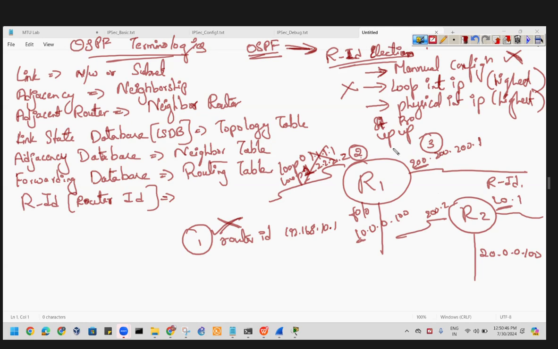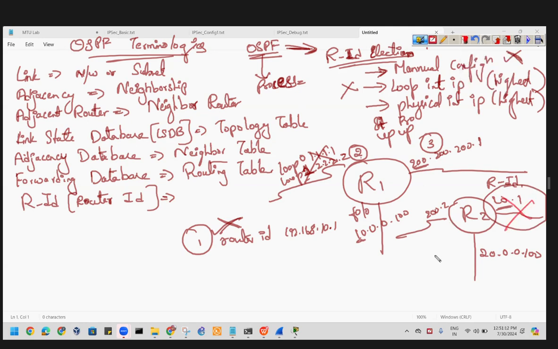And the router will choose the RID when it is beginning the OSPF process. Initially, when the OSPF process starts, it will choose the RID. After that, it is not going to change it. So in case, let's suppose the router has already chosen the RID as 201, but 201 has gone down now. I want the router to elect the RID again.